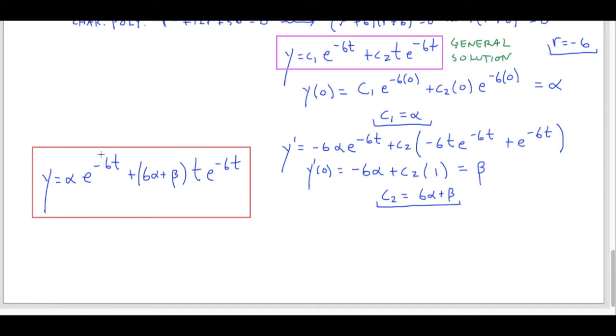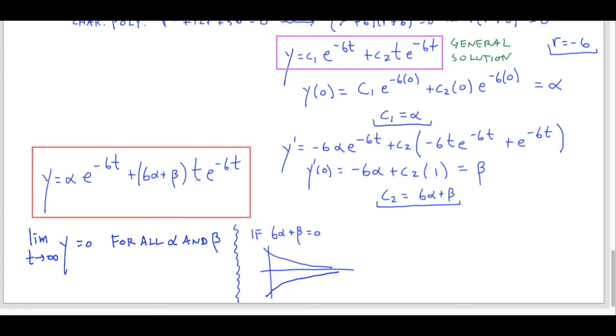They have negative coefficients on t in the exponent. So they'll both vanish as t goes to infinity. And actually, this first term is pretty boring, plain old vanishing exponential. Note that this will be the entire solution if this second coefficient equals 0. So that's one possible shape.